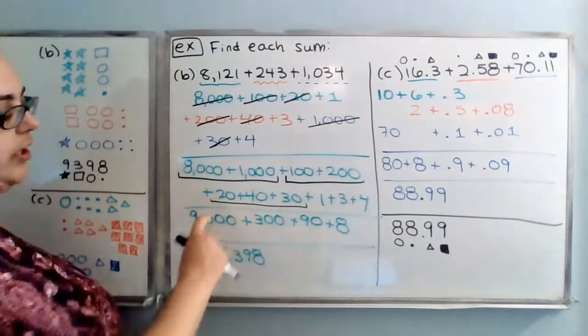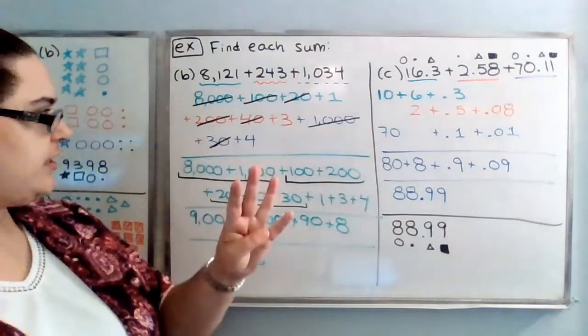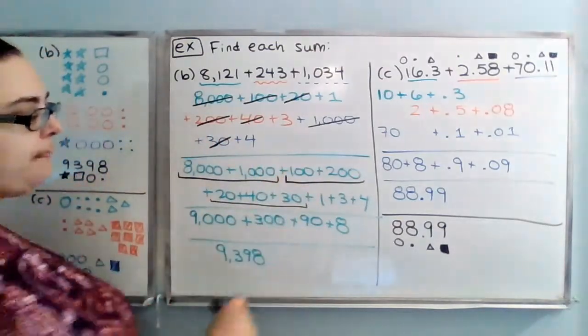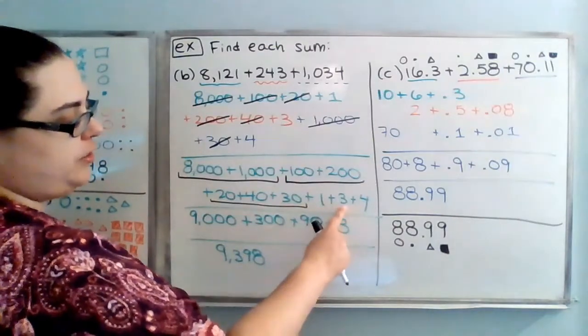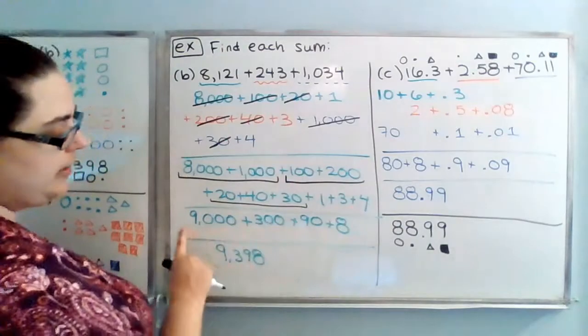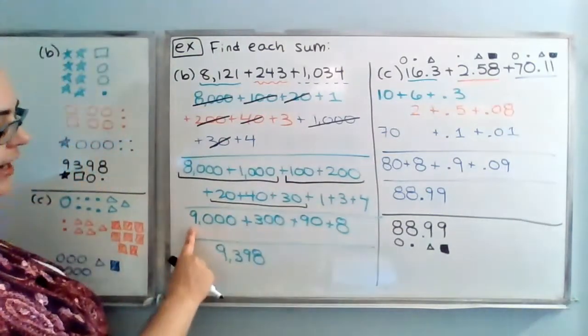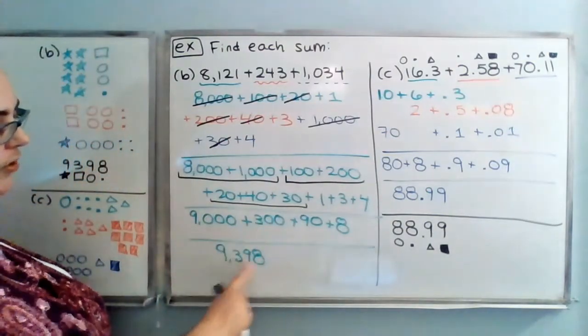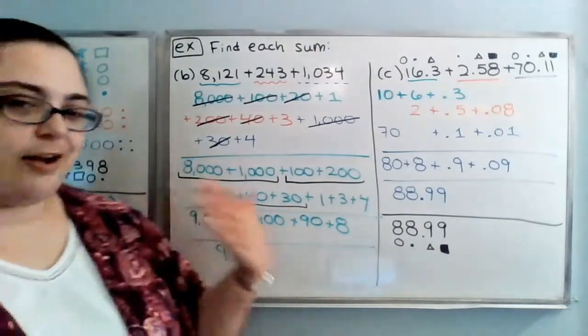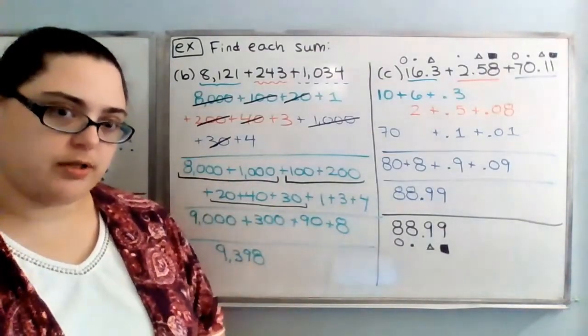So let's see, 20, 30, 40, 50, 60, 70, 80, 90. So that's how I got 90. And then 1 and 3 makes 4, plus 4 makes 8. And then I added these all up, so I had 9,398. So that was how I worked through part B using numbers.